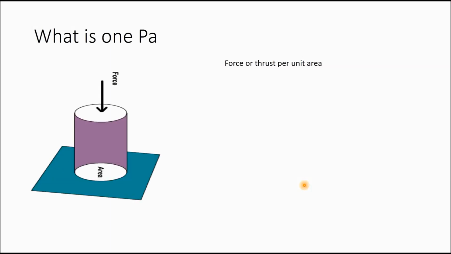So 1 Pascal is equal to 1 force divided by unit area, that is P is equal to F by A. Force is in Newton and area is in meter square. Newton per meter square is a Pascal.